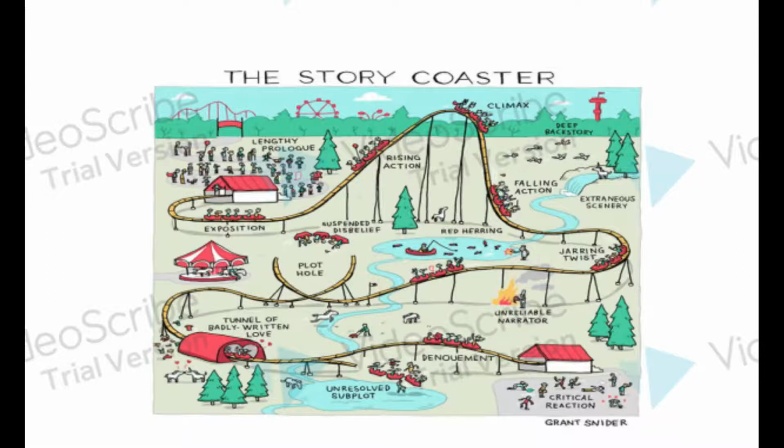So now let me ask you if you have any prior knowledge or an idea about the terms or the concepts we have here on this roller coaster. For example, as you see here on the left side of the picture, we have exposition. What does exposition mean? Do you have any idea? The more we go here, also we have rising action.